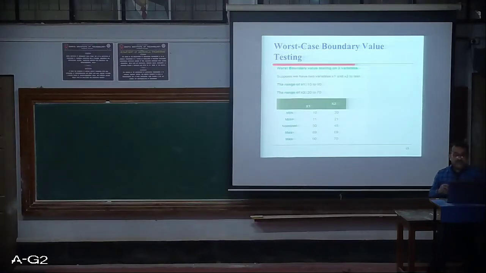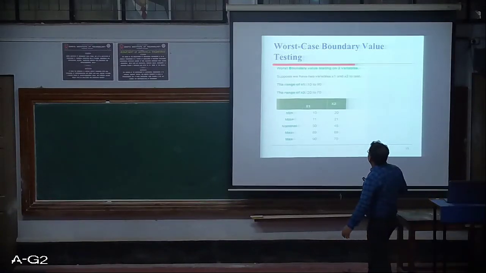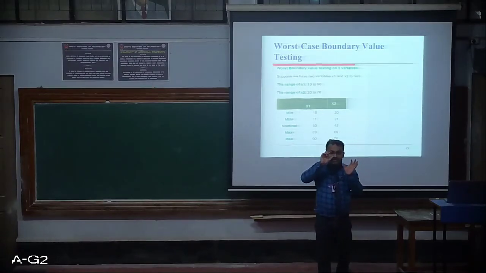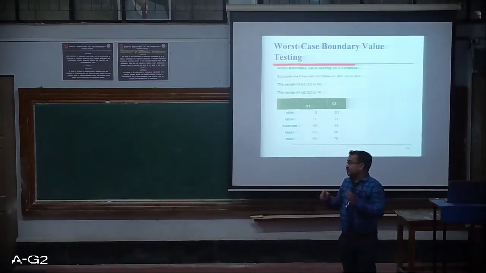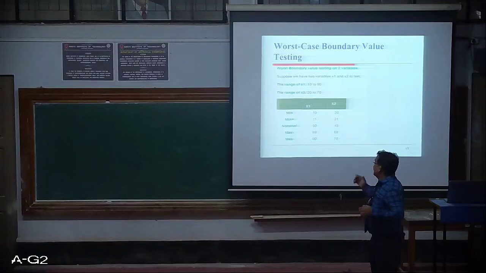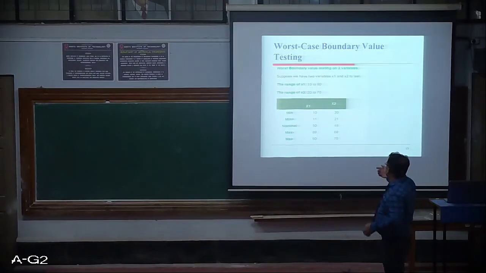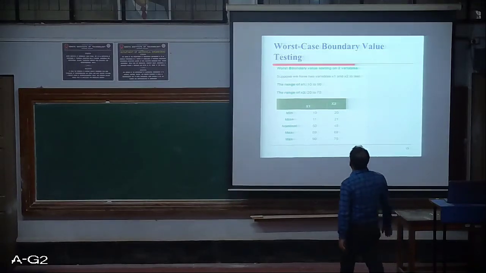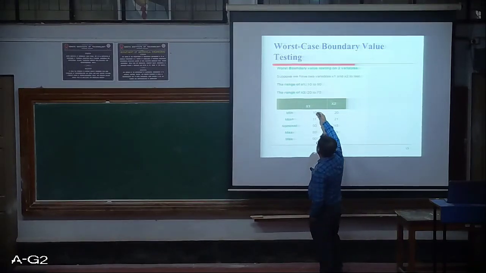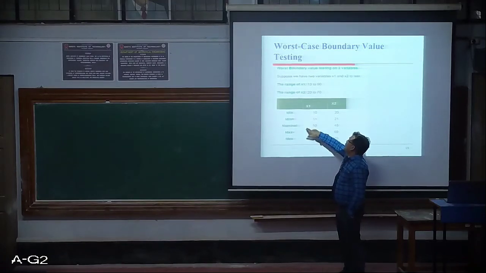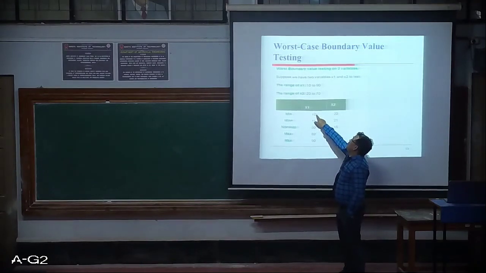So take an example here. The two variables: x1, whose extreme range is from 10 to 90, and x2, whose valid range can be from 20 to 70. By going through the normal boundary value analysis, we know that for x1 the minimum boundary is 10.